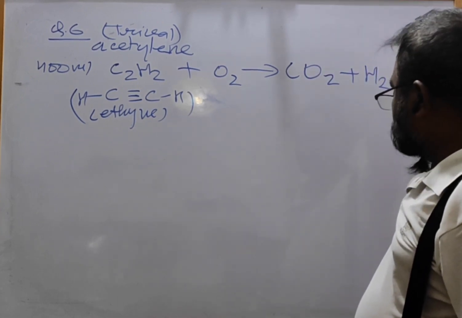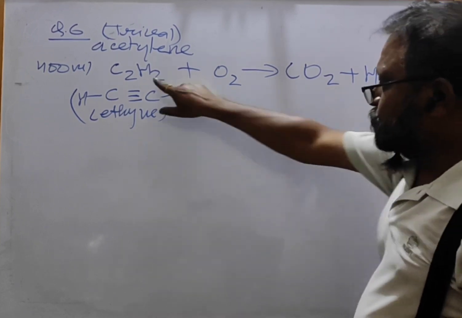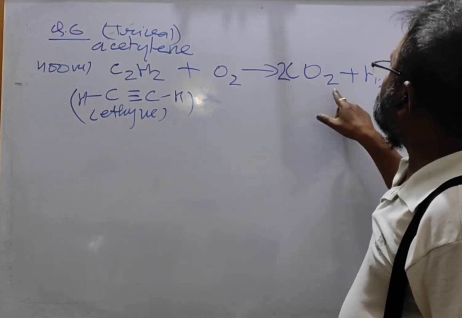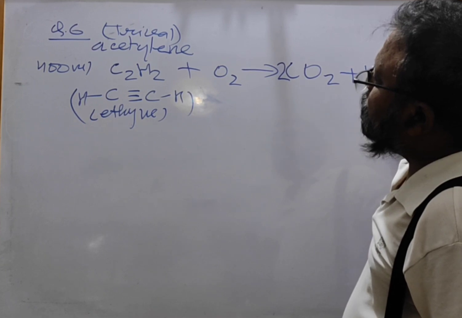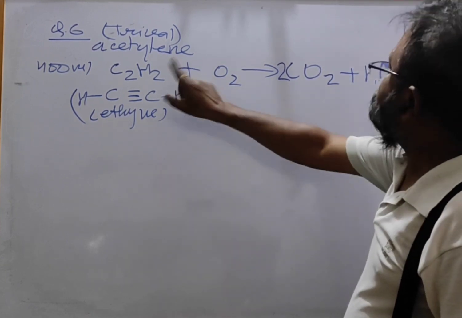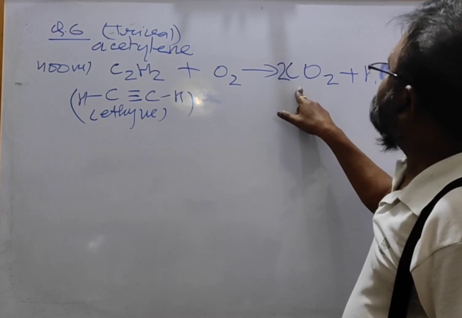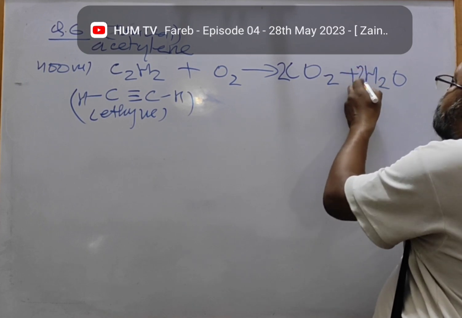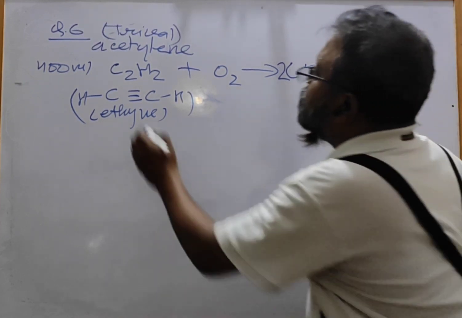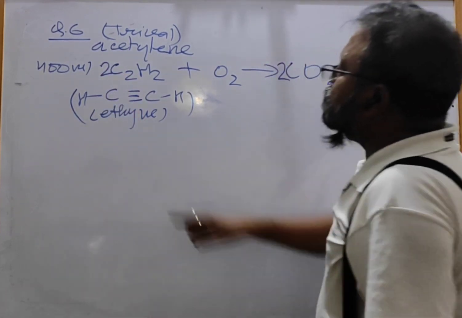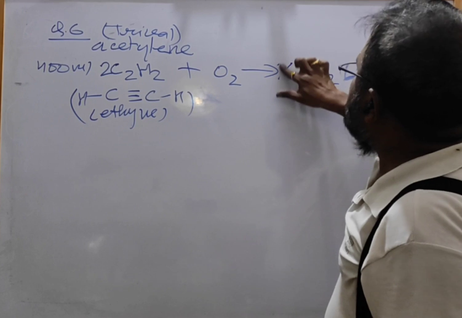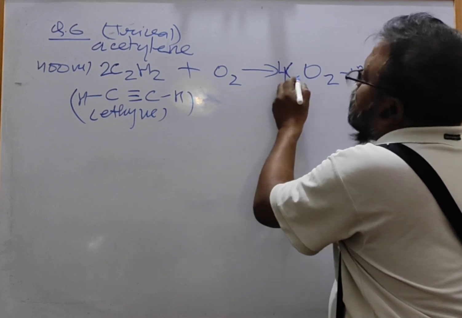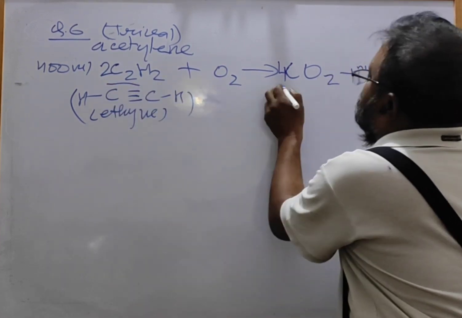First of all, carbon is 2. If I take 2 here, it becomes 2 into 2, 4 carbon, so I have to take 4 carbon here also.